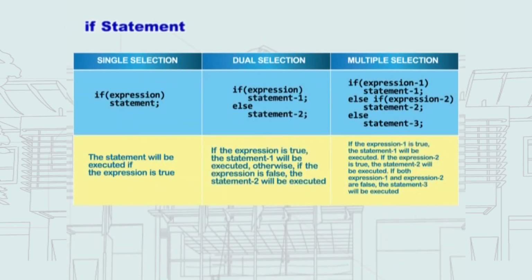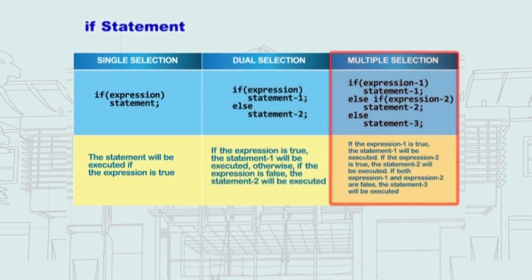We begin with the first syntax, if statement. Take a look at this table. There are three types of selection control using if statement, namely single selection, dual selection, and multiple selection.